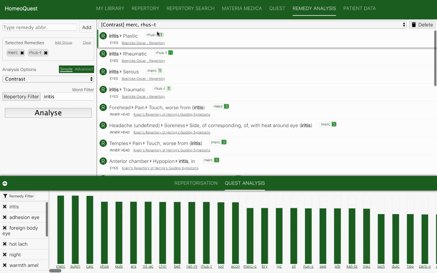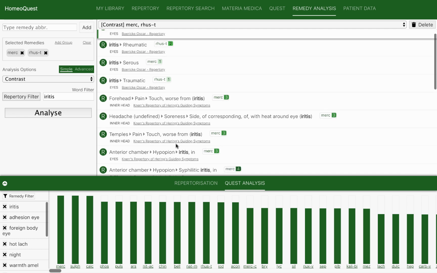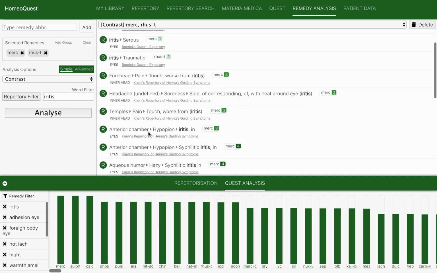All right. Now let's look at what the Rhus tox iritis is. It's rheumatic. Okay. It's traumatic, which is very interesting. But Merc has a different type of iritis. Look at that. The anterior chamber, when you have pus collection, which is the key in our patient, there was this exudation. This is only Merc.